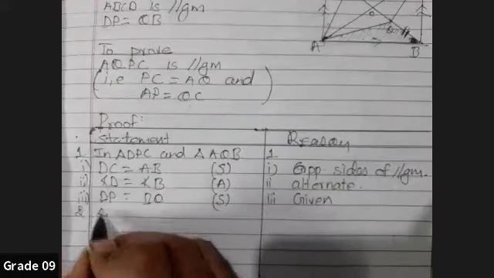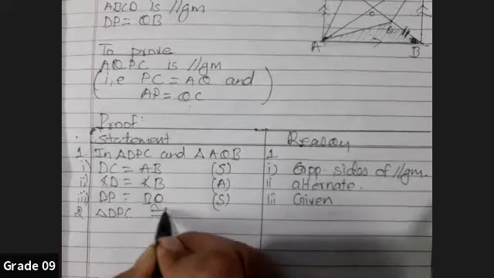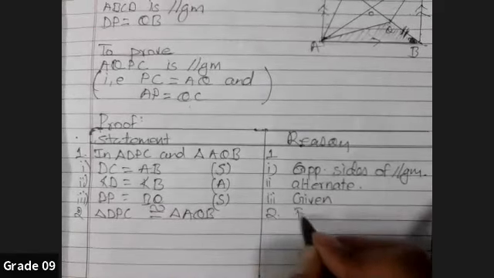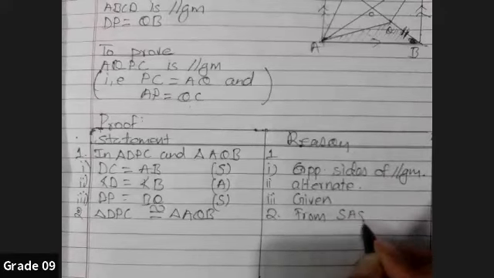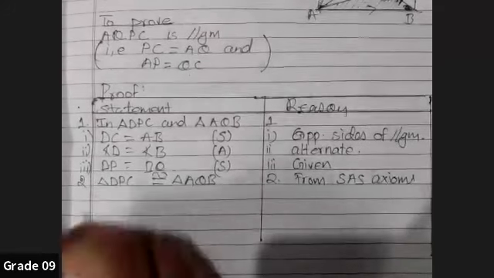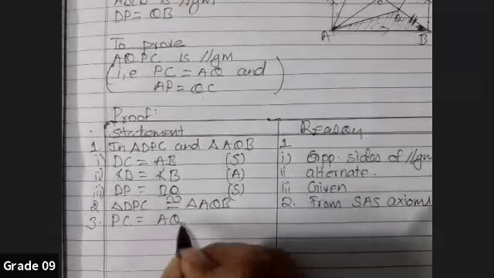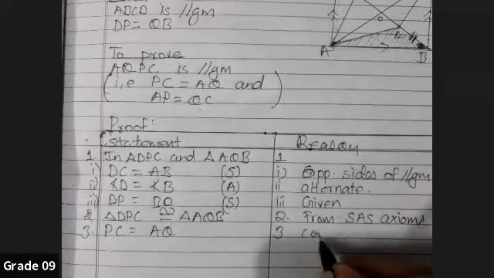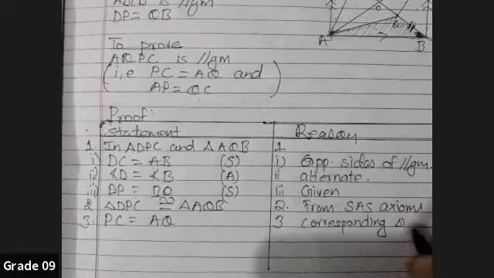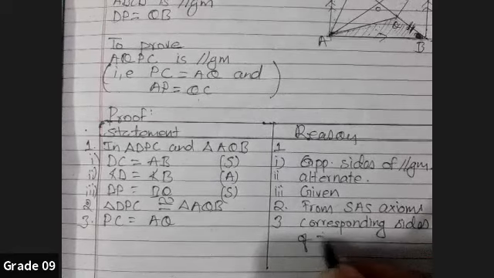After these three things, we can write triangle DPC is congruent to triangle AQB by the SAS axiom. Then finally, PC equals AQ, because they are now corresponding sides of congruent triangles.